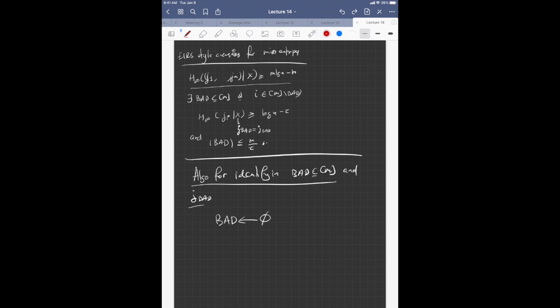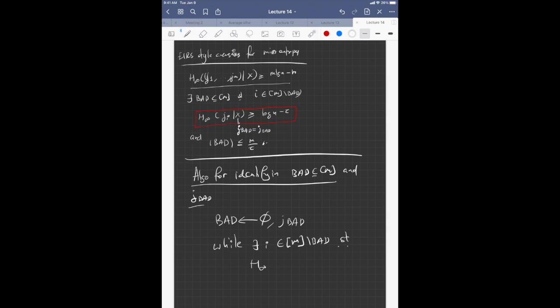So we say that while there exists some i which is outside the current set of bad rows, such that, we also need to set the values of the bad rows, the coordinates j bad, to something.